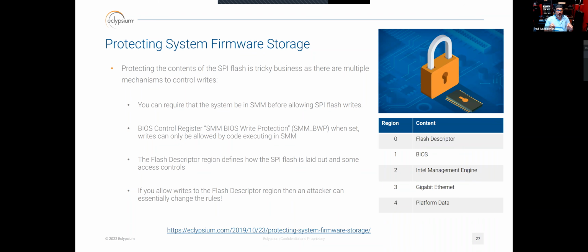And there are multiple mechanisms to control writing to your SPI flash. So this gets really complicated because there are multiple different ways to interface with the SPI flash and the SPI flash controller, in addition to multiple ways to protect the various regions.